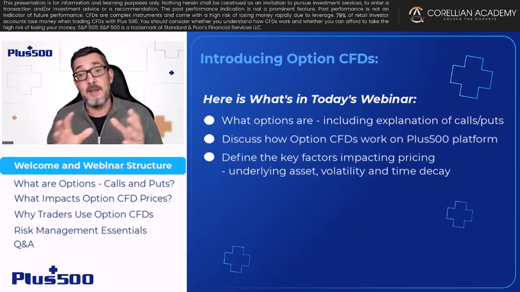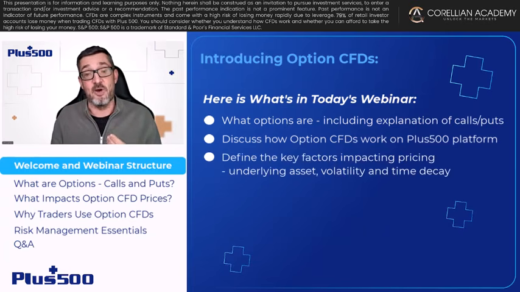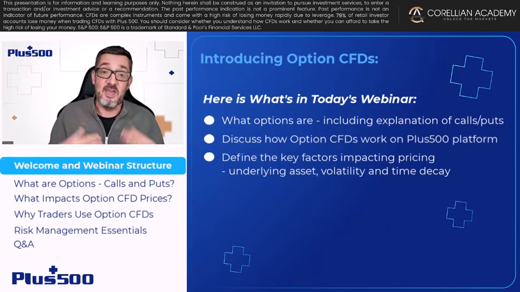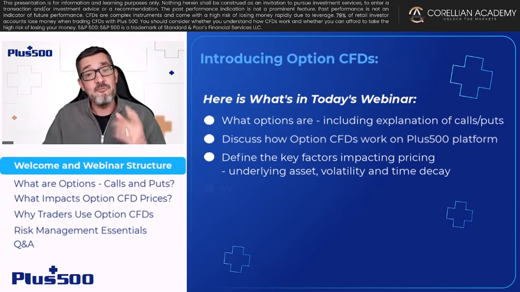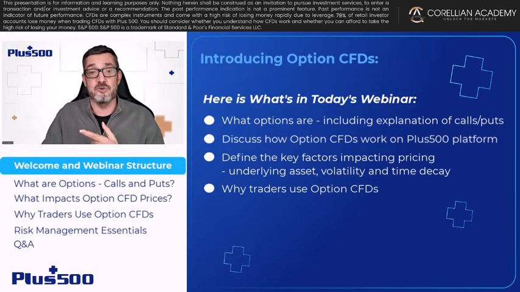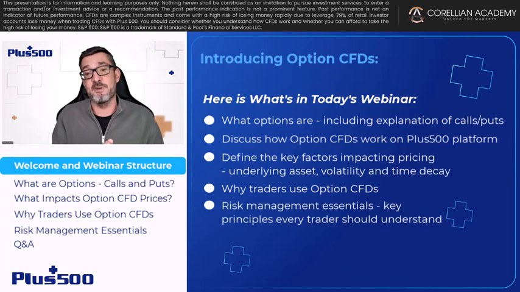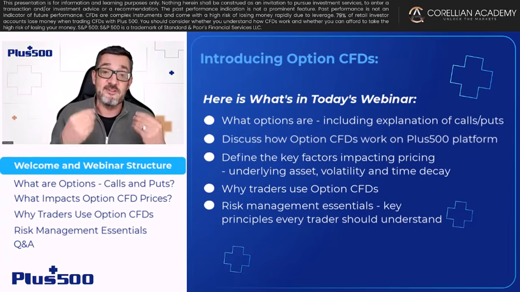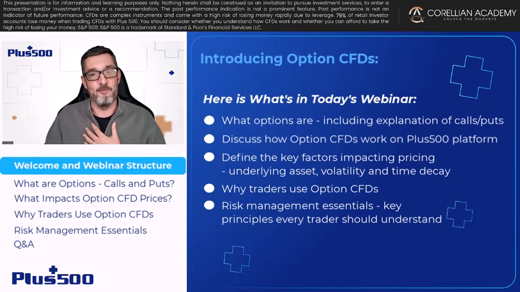Look at the key forces that impact an option's price, such as the underlying market, volatility and time, and then run through why traders use option CFDs. And finally, we'll cover some risk management essentials, the key principles every trader should understand before trading option CFDs. No complicated formulas, just the key concepts to help you feel more confident exploring this part of the platform.